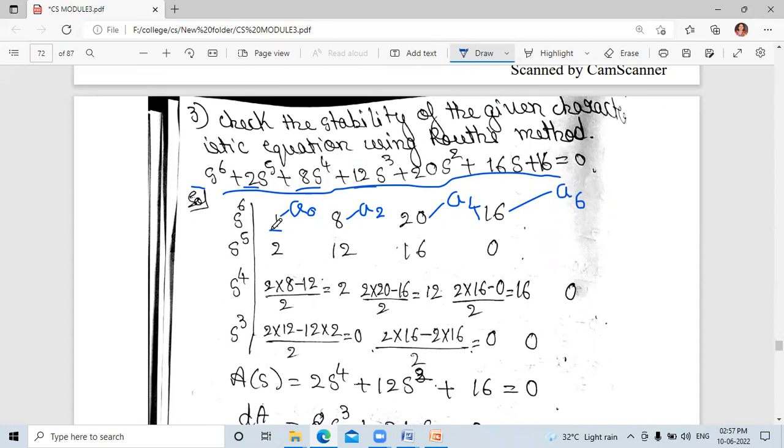Okay. So now the even numbers are in the first row and the next row has the odd numbers. So this value is A1 and this value is A3 and this is finally A5. Okay.